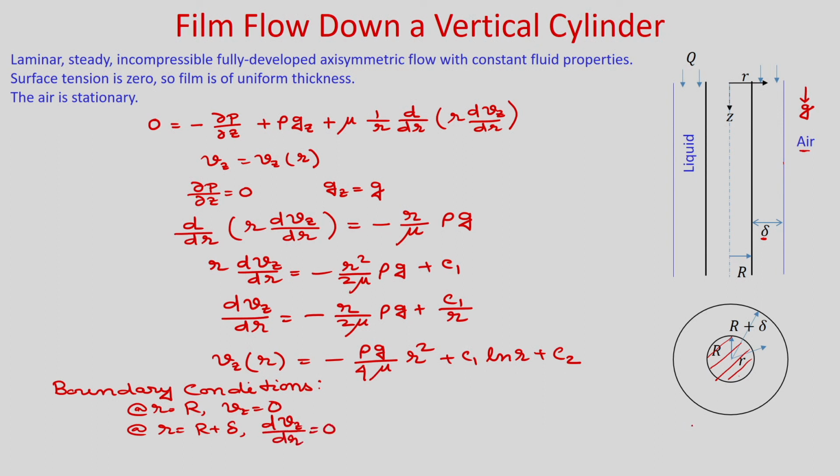Why? Because tau rz is equal to mu dvz/dr, right, and tau rz is equal to 0 at r is equal to R plus delta. So, hence dvz/dr is equal to 0.